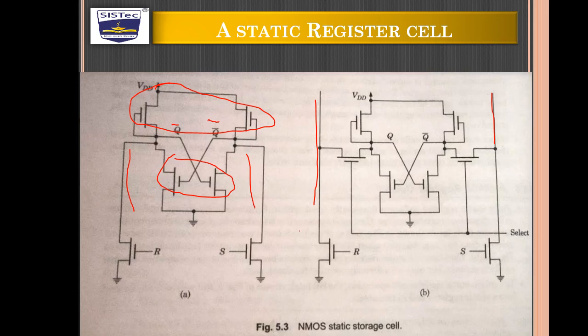This basic static register cell consists of 6 transistors, 4 for the cross-coupled inverters and 2 connected to the buses. We can also create a CMOS version of this cell by replacing the NMOS inverters with CMOS inverters. So this is all about static register cells.